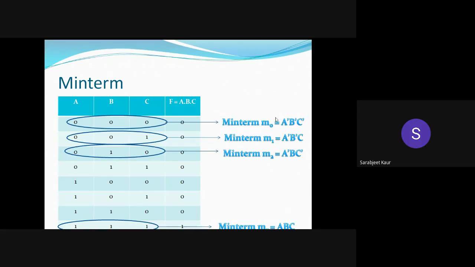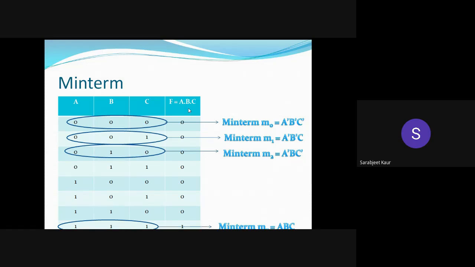If I write A dash B here somewhere, then that is not a minterm for this Boolean expression. Why? Because C is absent. C cannot be absent. C has to be present, whether as C or C dash. But it has to be there.